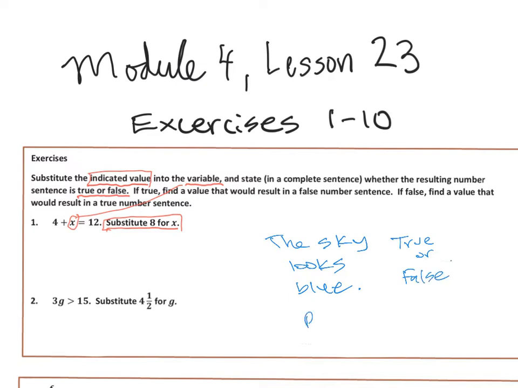Is it correct, right, or is it wrong? Correct or incorrect? That is what we want to know. Okay? We want to know, is what it's saying here going to be correct?